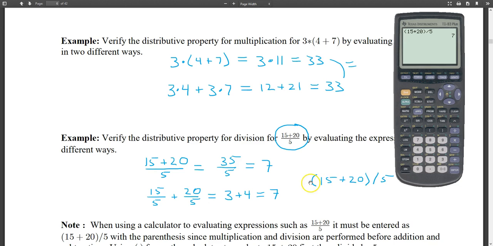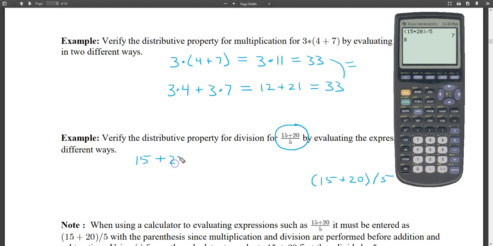Now suppose we didn't put the parentheses there. What would happen? Well, let's see. So if we entered it like 15 plus 20 divide by 5, let's see what we get, and follow along with your calculator.